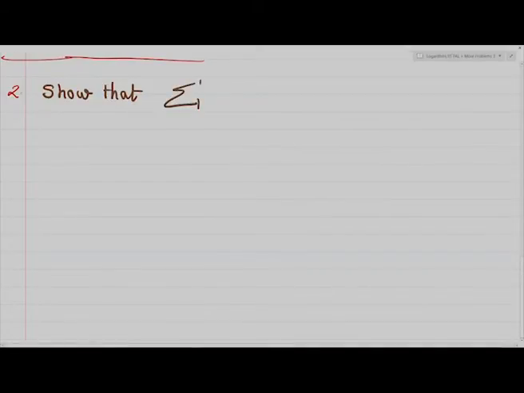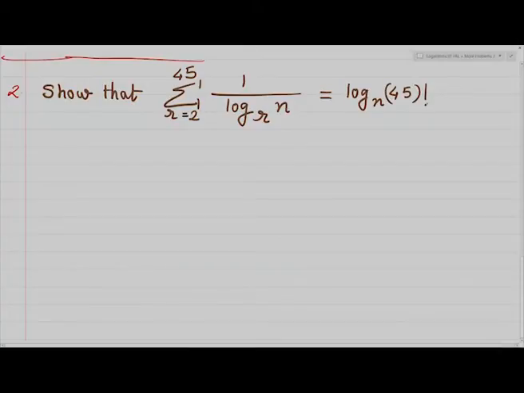summation over r equal to 2 to 45 of 1 upon log to the base r of n is equal to log to the base n of 45 factorial.